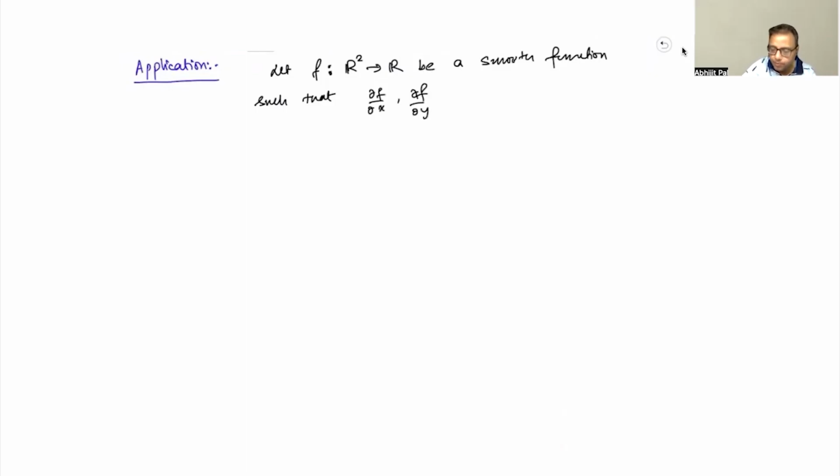Okay. So let us take a function. Let f from R2 to R be a smooth function such that the partial derivatives ∂f/∂x and ∂f/∂y are not both 0.